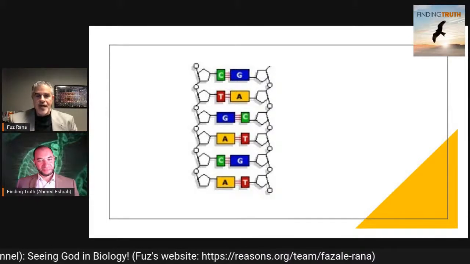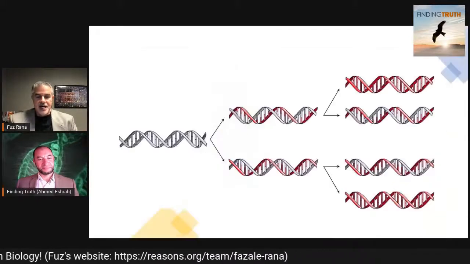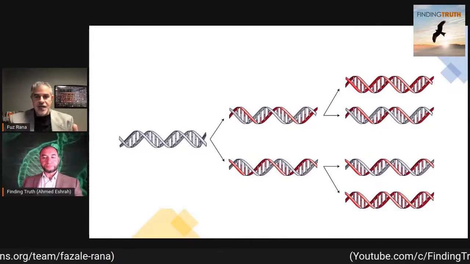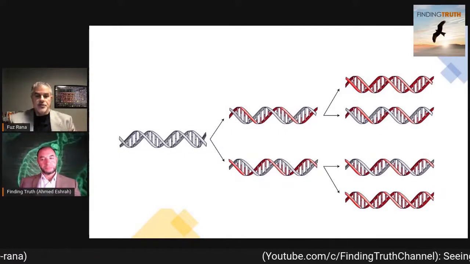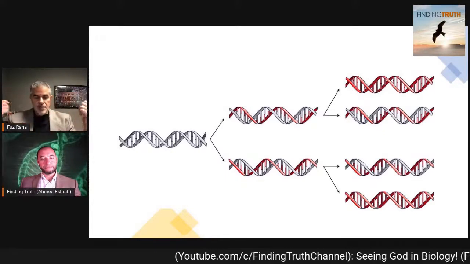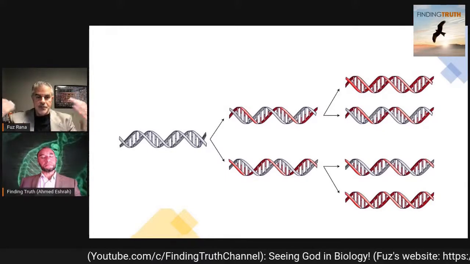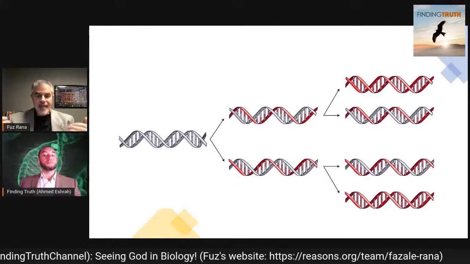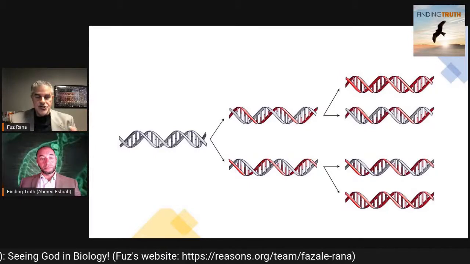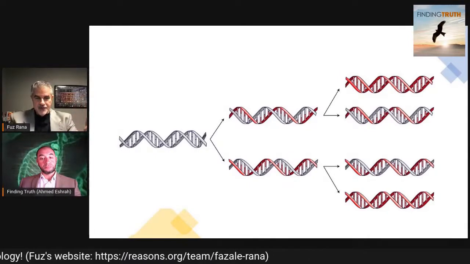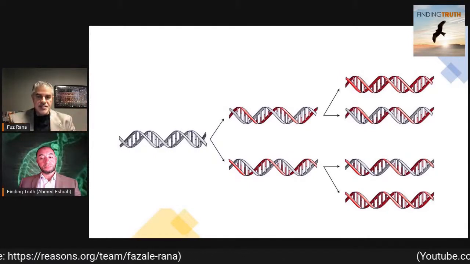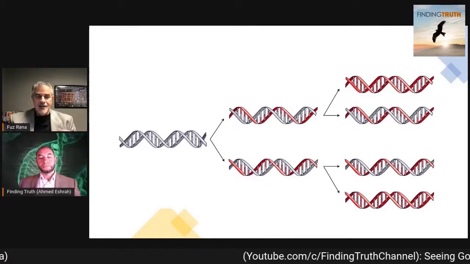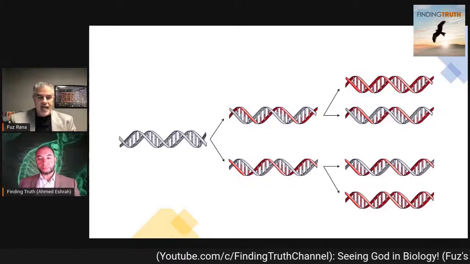And so biochemists call this template directed semi-conservative DNA replication. What they mean by template directed is that each of the strands serves as a template to assemble a complementary strand, and that the resulting daughter strands have an original strand from the parent and a newly synthesized strand. So it's semi-conservative, template-directed DNA replication.